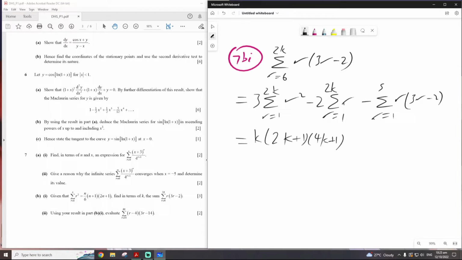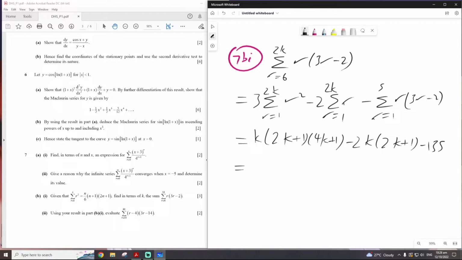Apply the sum of AP here. This will be 2k times (2k plus 1) divided by 2, multiplied by 2 outside, so this is minus (2k plus 1) divided by 2, the 2 here cancels out, so this is minus 2k times (2k plus 1), minus 135, and this can further be simplified because this is 2k plus 1, that's 2k plus 1, so this is 2k and this is k times (4k plus 1), (4k plus 1) and k.